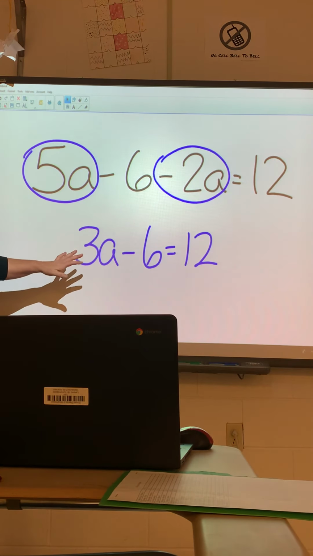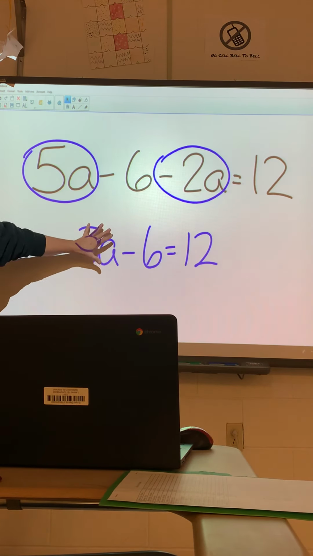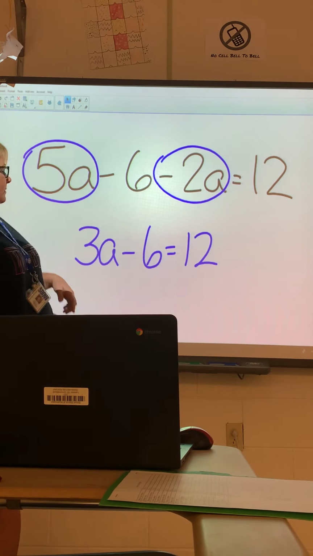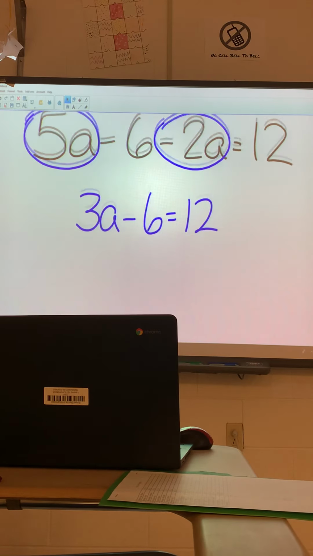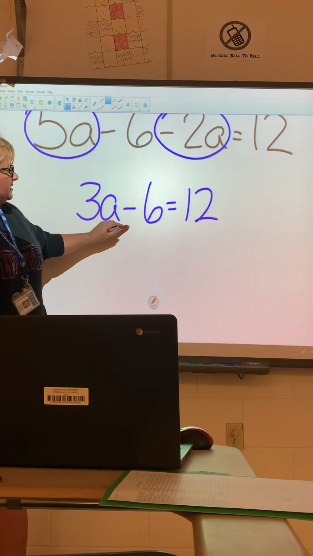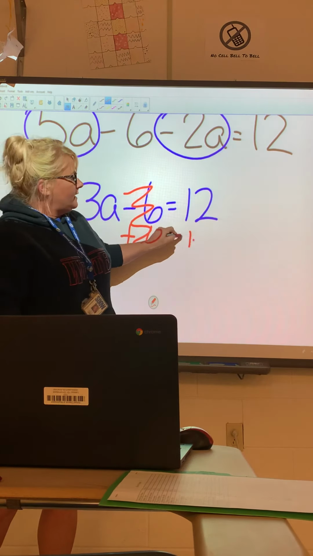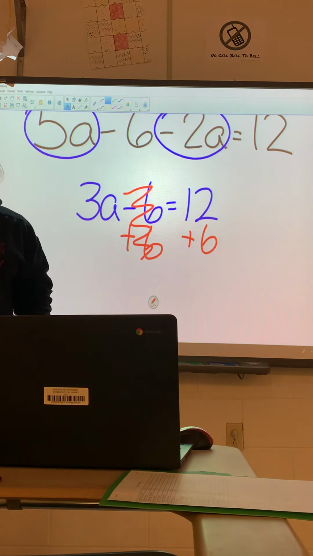Now this looks like what we're used to. We want to do the opposite of the number attached to the variable last. We need to get rid of minus 6. The inverse of minus 6 is to add 6. Make it go away over there. Bring it over to the other side of the equal sign.